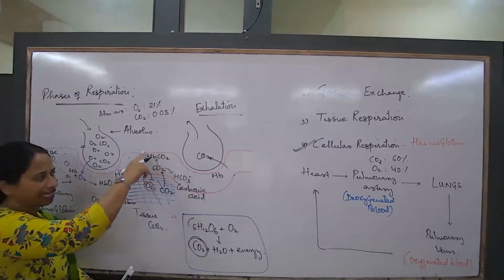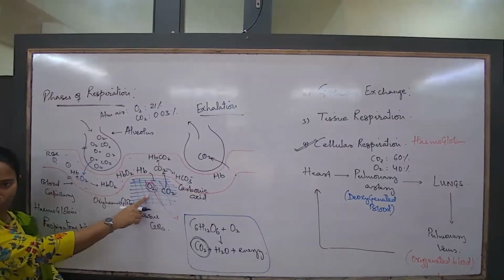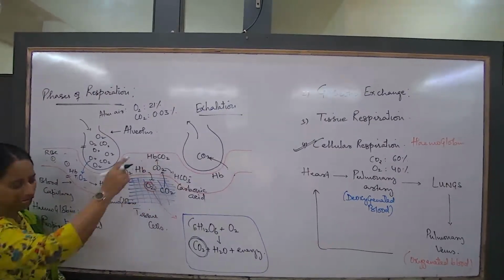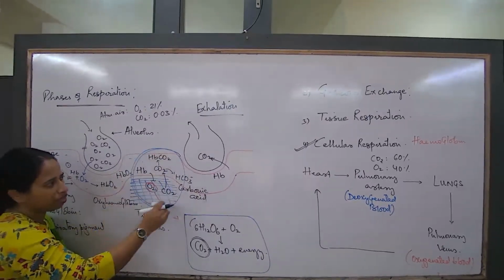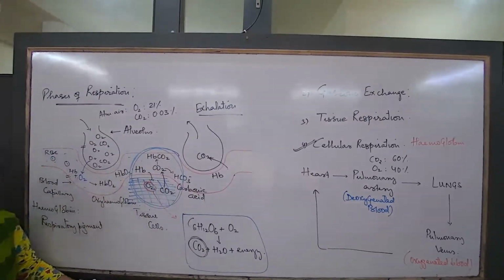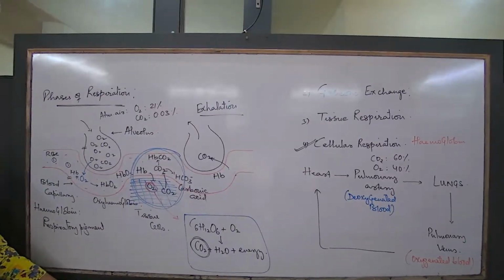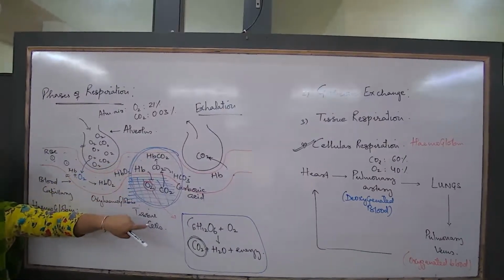Now see, oxygen comes from the blood to the tissues and carbon dioxide goes from the tissues to the blood. What is this process known as? You have written down the definition. Exchange of gases between the blood and the tissues. What will we call this?